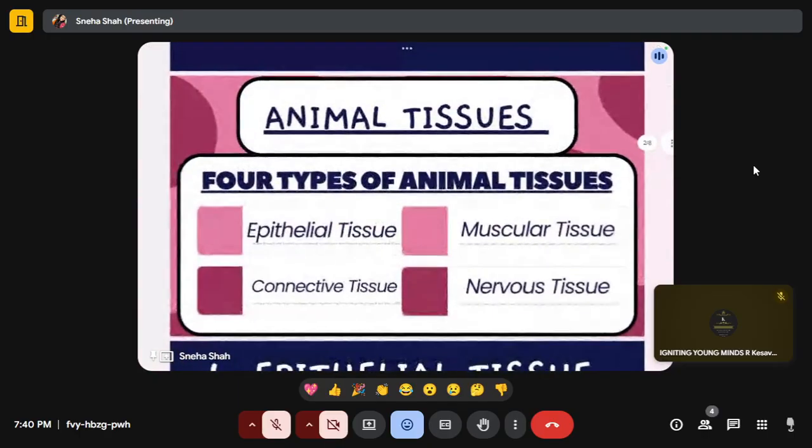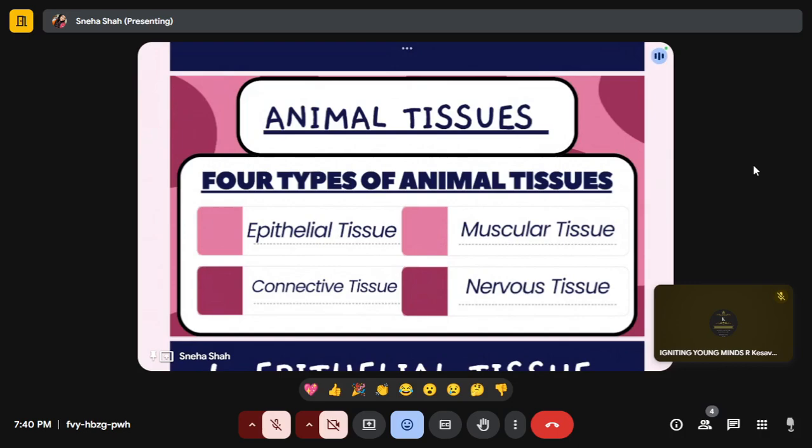See, these are the four major types of animal tissues, which are epithelial tissue, muscular tissue, connective tissue, and nervous tissue. Understand that each name will give you a hint of what it stands for or what its functions are. Epithelial. In the previous session, when we learned about epithelium in plants, we understood that the word epithelia stands for outer covering.